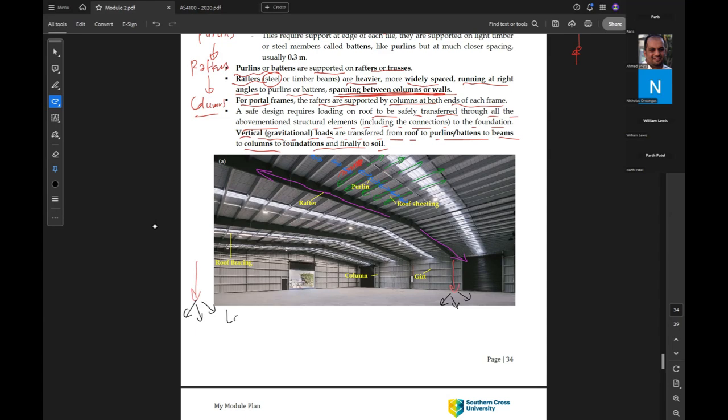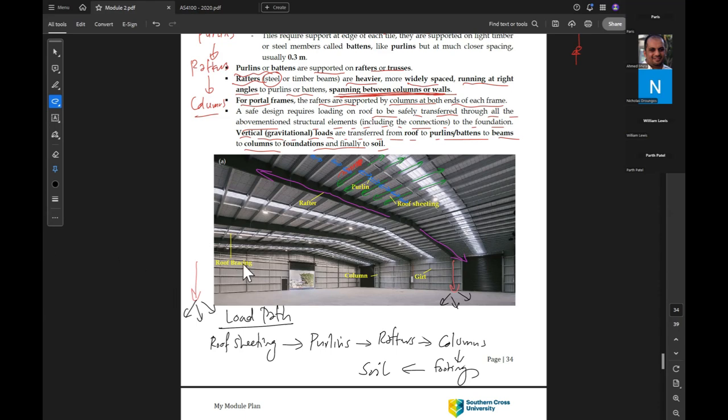So if I ask you for the vertical load path, the load goes from the roof sheeting, then purlins, then rafters, then columns, then footings, and finally, because all the loads should go where? To the soil or the supporting soil.